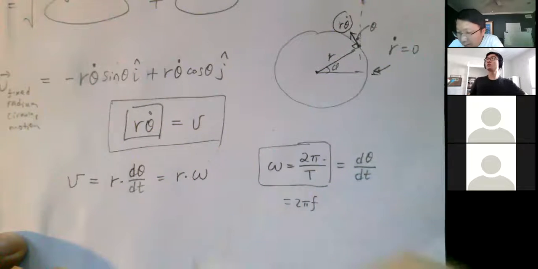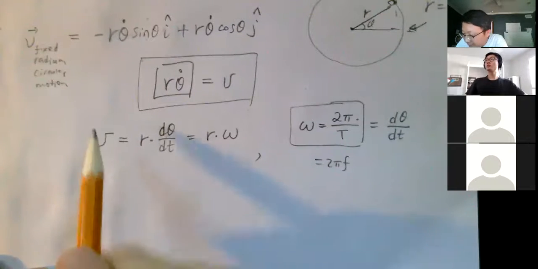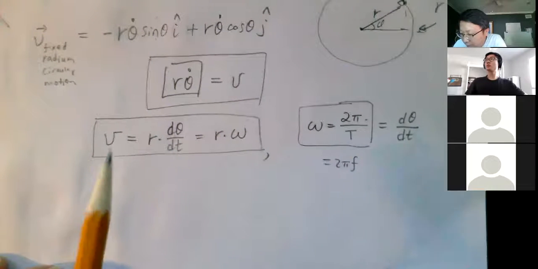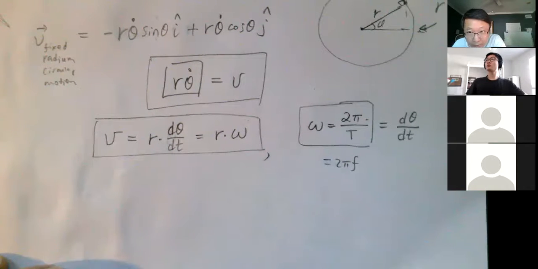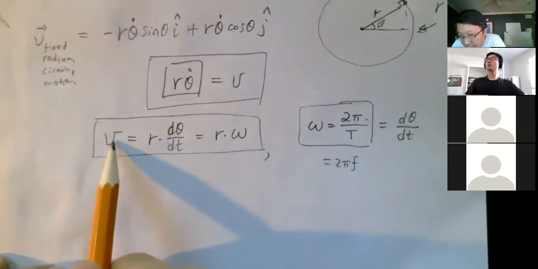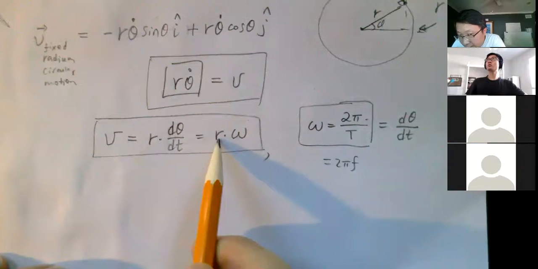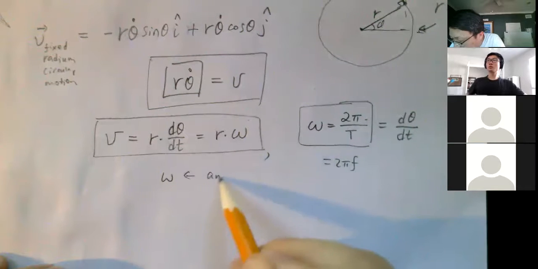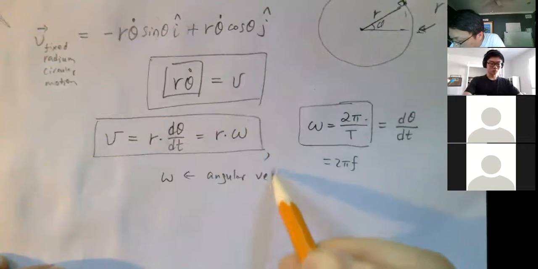So this whole thing is coming from here. This becomes a very important relationship for circular motion: linear velocity equals radius times angular velocity. This is called angular velocity.